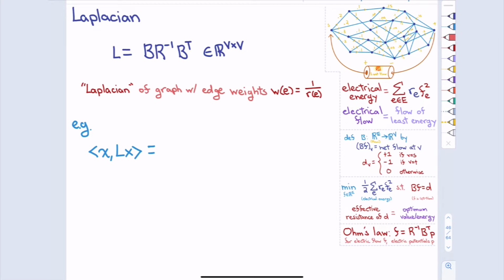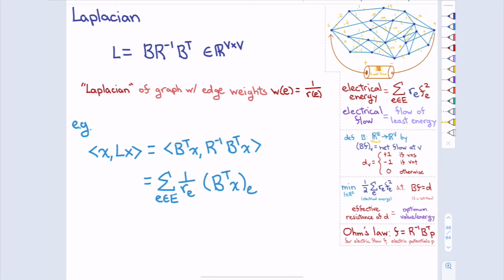Okay, but let me first, to help understand the Laplacian, just look at what it does on some input vector x. Okay. All right. So if we expand this out, right? So I just put L is equal to B R minus one B transpose, and I put the B's on the opposite side, right? And we unroll a little bit more. Okay.